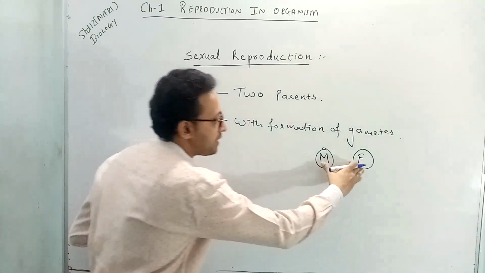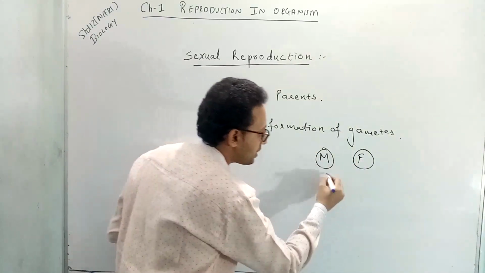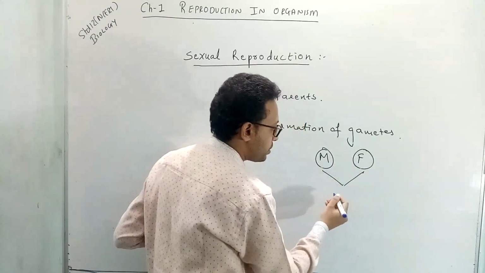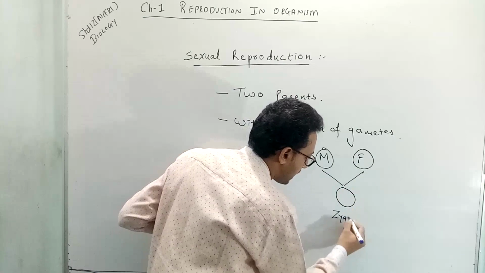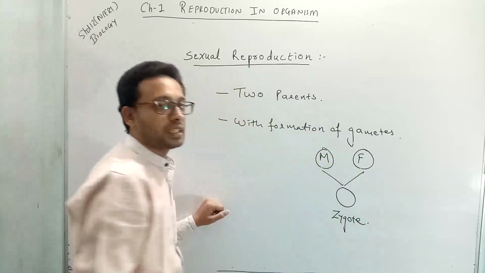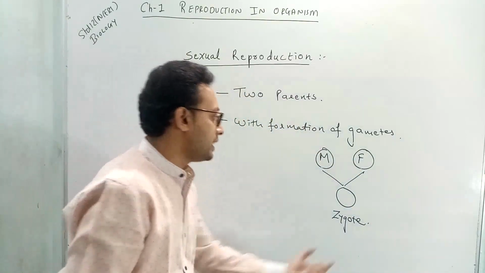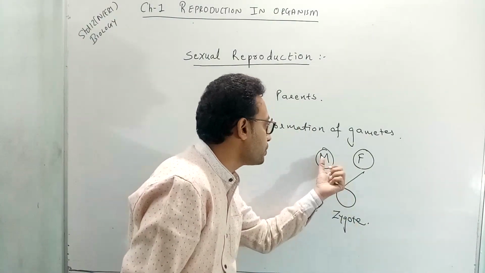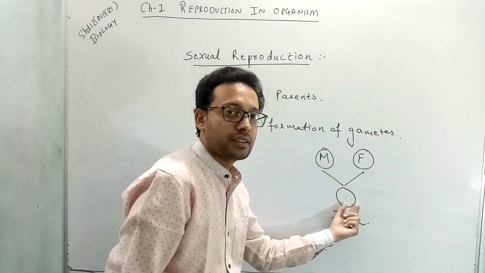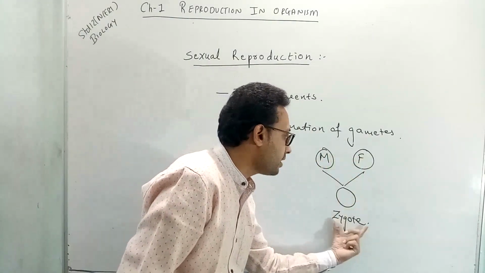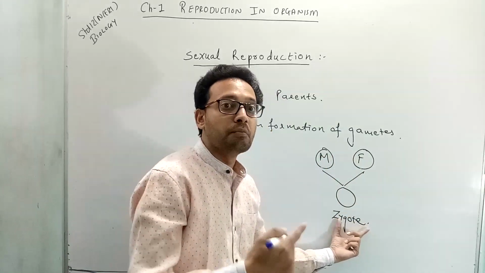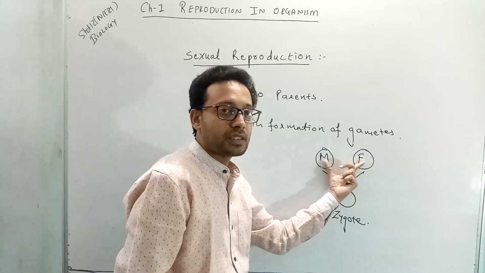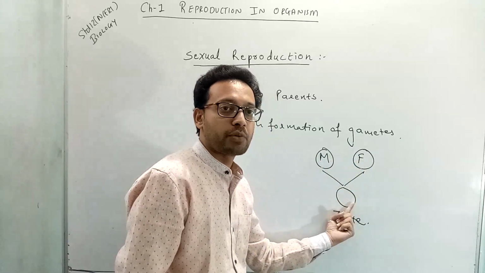Third, once the gametes are produced, they fuse, and that leads to the formation of a zygote. The zygote is formed by the fusion of the male and the female gamete. So this zygote has the characteristics of both the parents. These are the parents, and this is the daughter cell which is going to be produced.